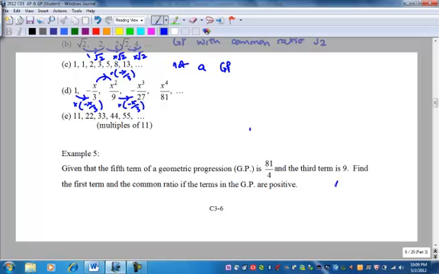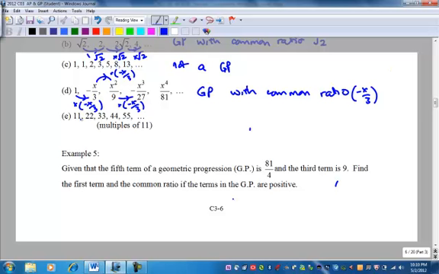So we can see that for D, we have a GP with common ratio negative x over 3. That's when we assume that the same term is multiplied for the rest of the sequence.